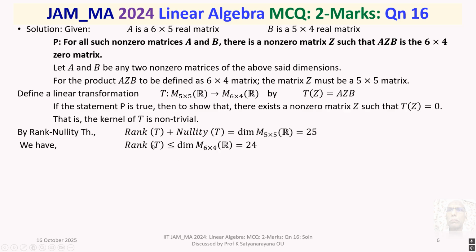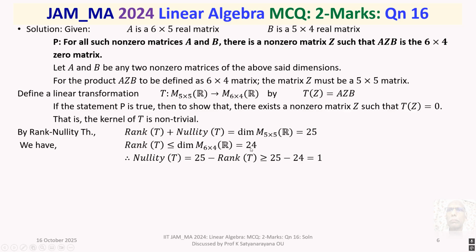That is, the rank of T is less than or equal to the dimension of M 6 by 4 over R. The dimension of the vector space of all 6 by 4 real matrices is 6 into 4, that is 24. Therefore, nullity of T is 25 minus rank of T.